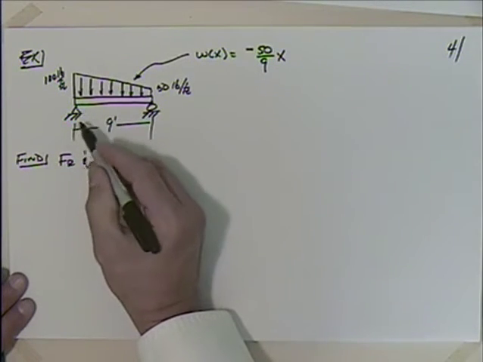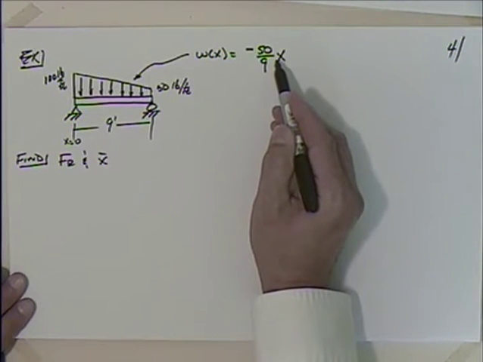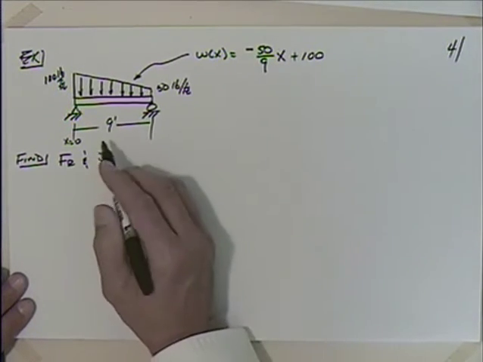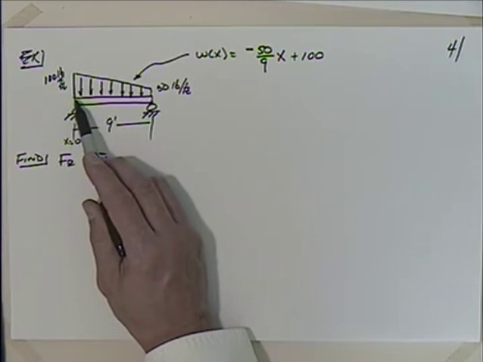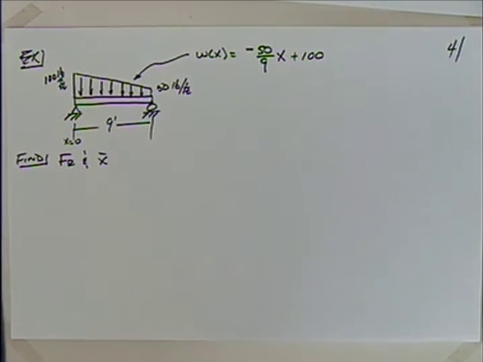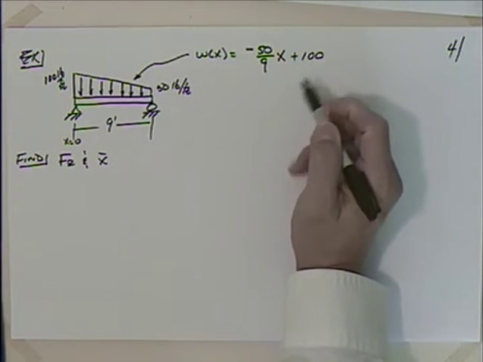So if I take x equals 0 here, I better add 100 to this, right? So now, if you take x equal to 0, you're going to have 100. If you take x equal to 9, you're going to have 50. So that would be our equation, minus 50 over 9 x plus 100.